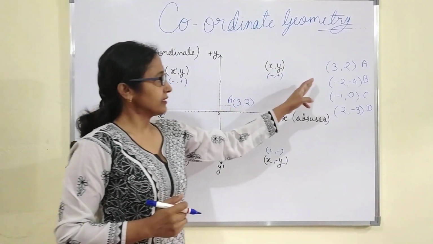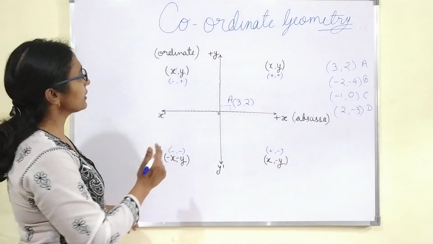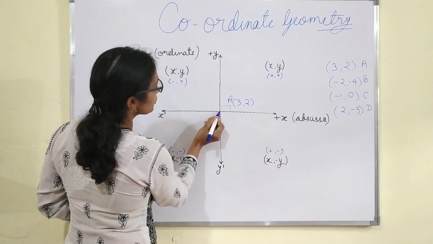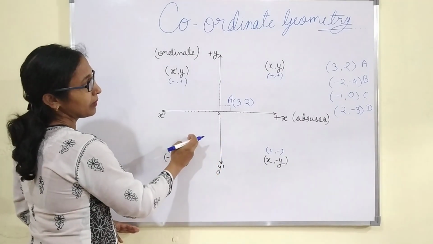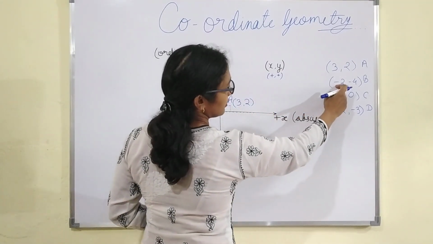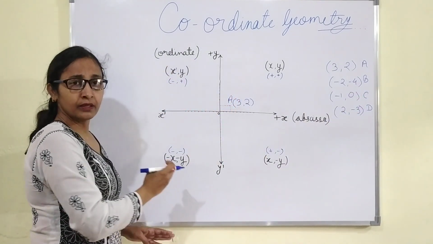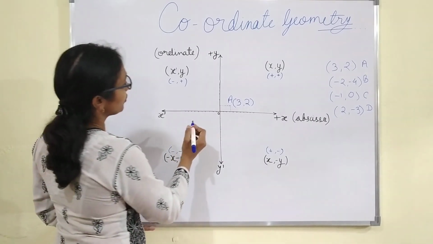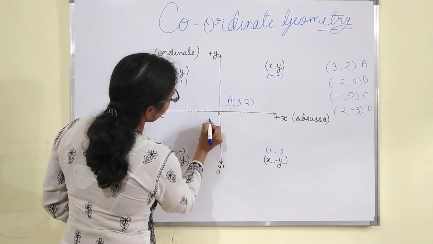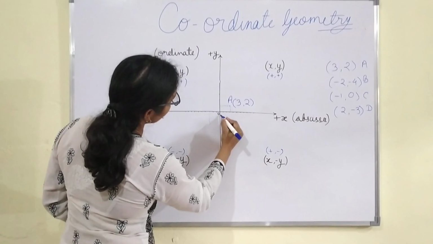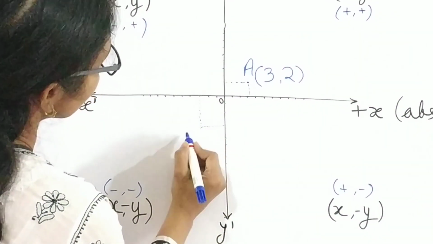Now the next coordinate is (-2, -4), that is point B. So we will move minus 2 here. Both abscissa and ordinate are negative, so it will come in the third quadrant. So this is minus 3, and here 1 2 3 4, here it is minus 4.